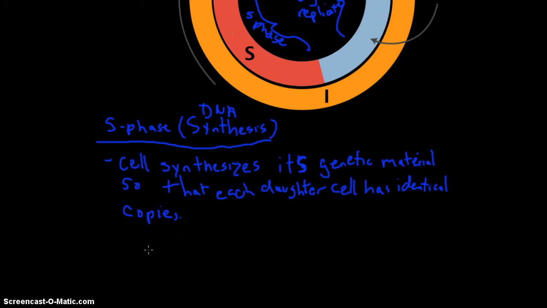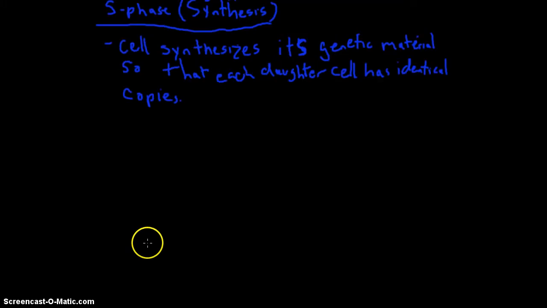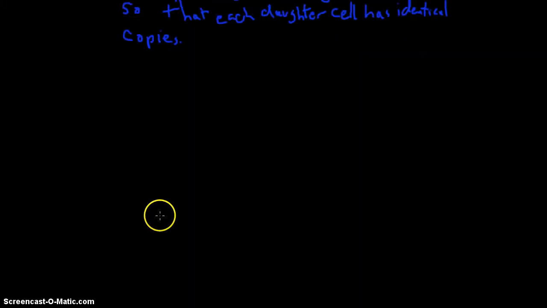So what do I mean by that? Well, there's two things I want to touch on. I want to talk about what a daughter cell is and what's actually happening in S phase. So let's say this is a skin cell.